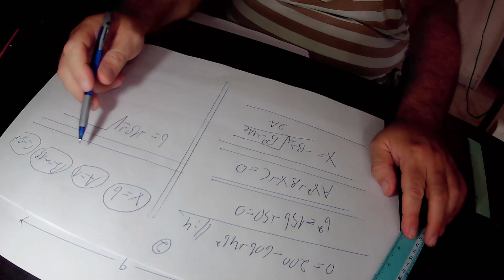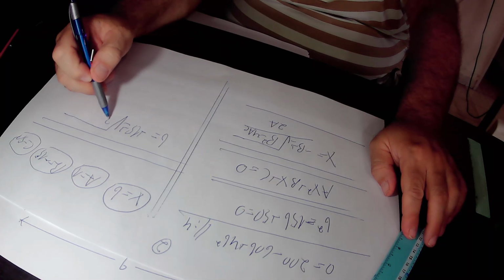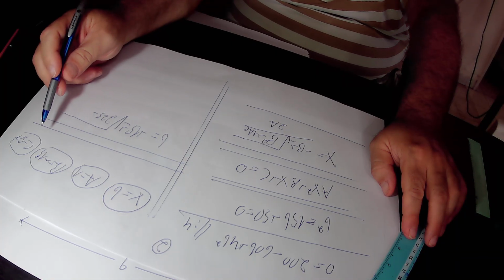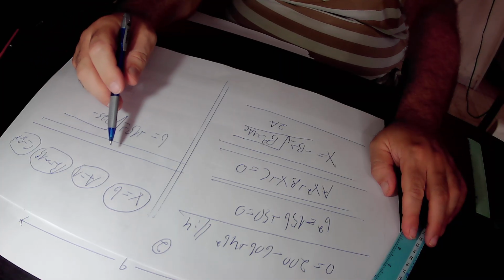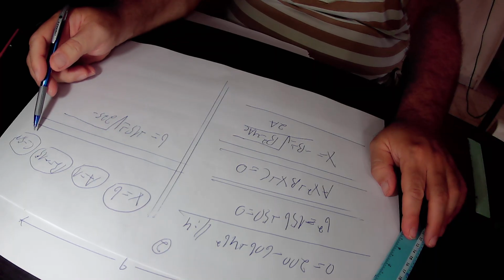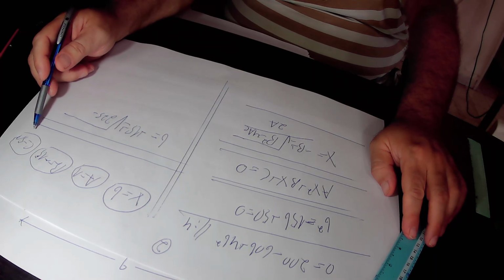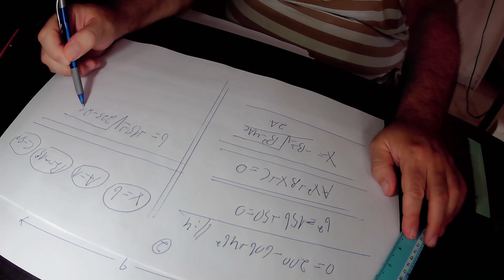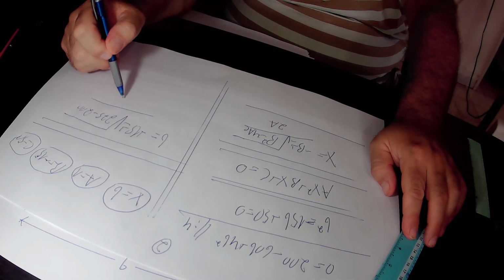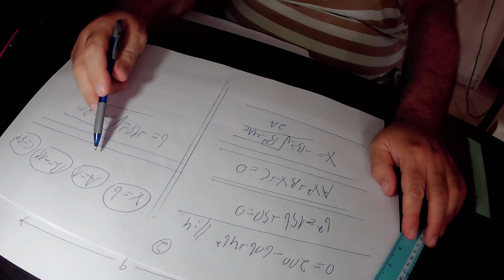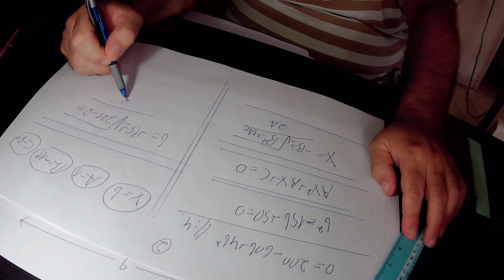Capital B is minus 15, therefore capital B square is minus 15 squared, that is 225, minus 4 times A times C. A is 1, so minus 4 times 1 is minus 4, times C. C is 50, so minus 4 times 50 is minus 200, divided by 2A. A is 1, so 2 times A is 2 times 1, that is 2.